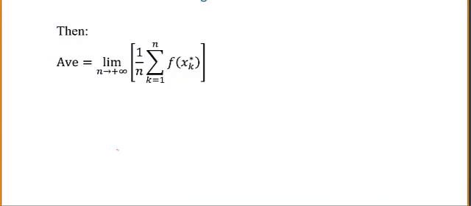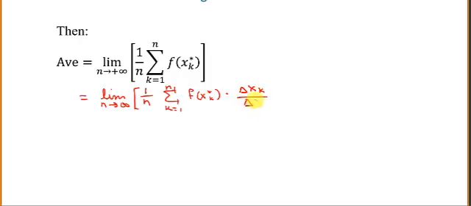What I can do is rewrite this as the limit as n goes to infinity. This was the limit we used that would give us our average value, of 1 over n times the sum as k goes from 1 to n of f of x sub k star times, now watch carefully, delta x sub k over delta x.